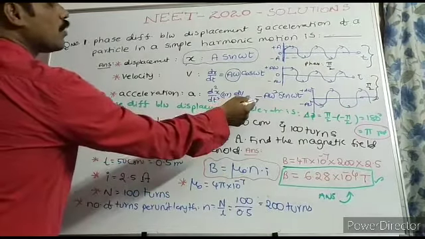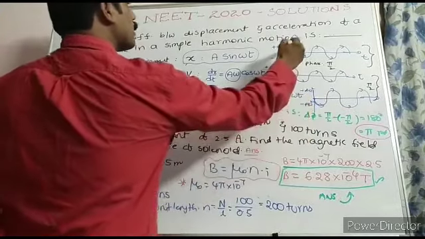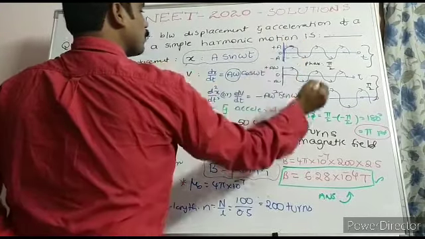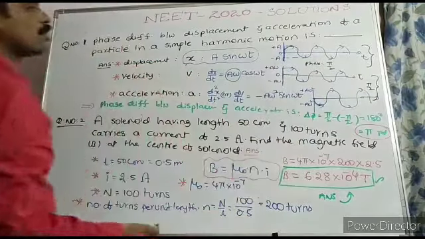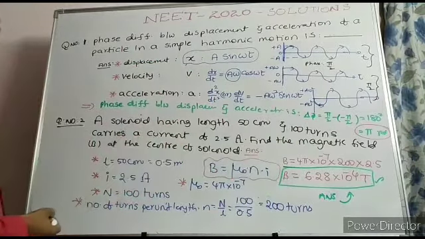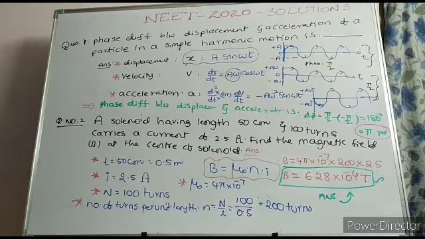The negative sign indicates the graph is shifted like this, so the particle is displaced from this position to this position, and the phase difference between displacement and acceleration becomes pi radians. Okay, the answer is pi radians.